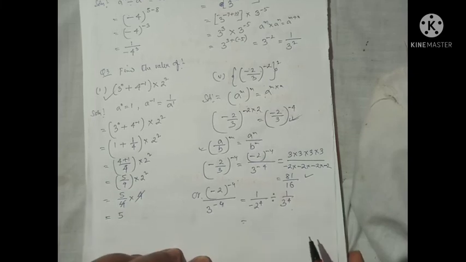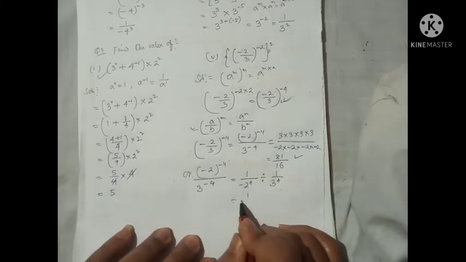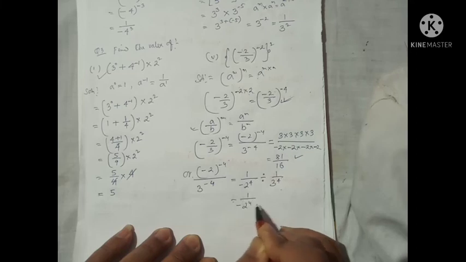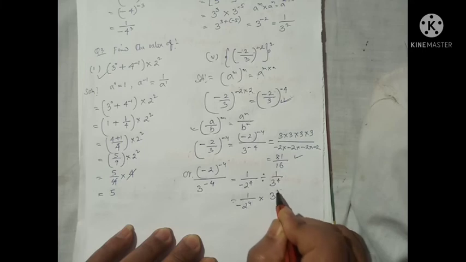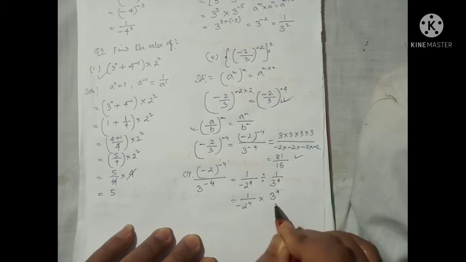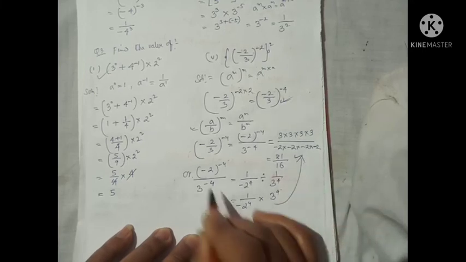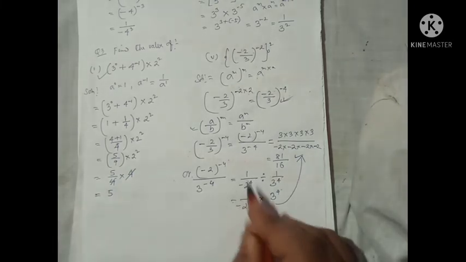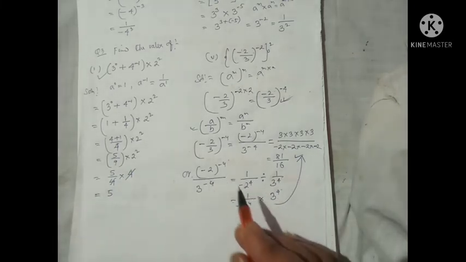Then it comes 1 divided by 2 to the power 4 into, when we take the reciprocal, 3 to the power 4. In this way also we can calculate this negative exponent.